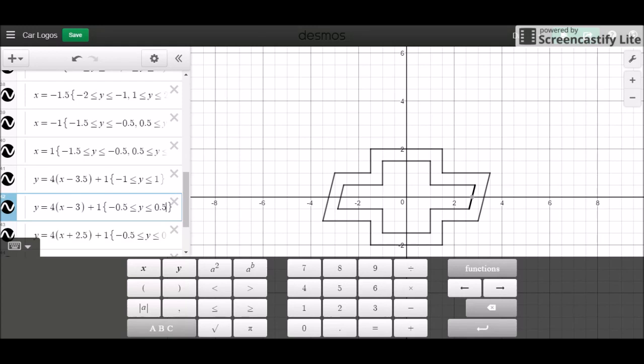Right, and that is everything that we need to start coloring this thing.